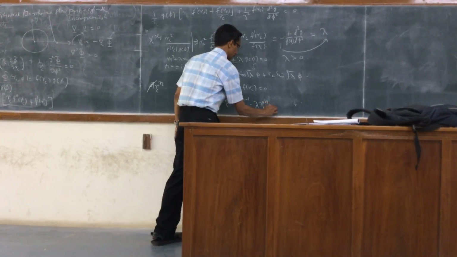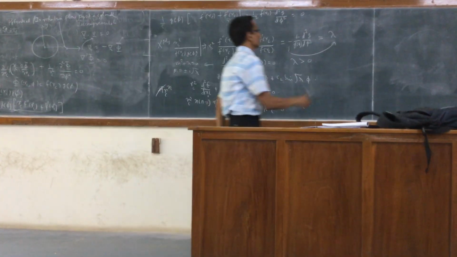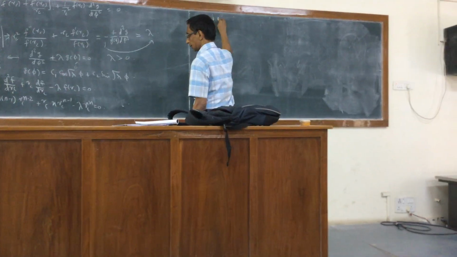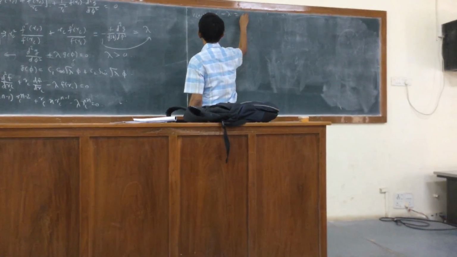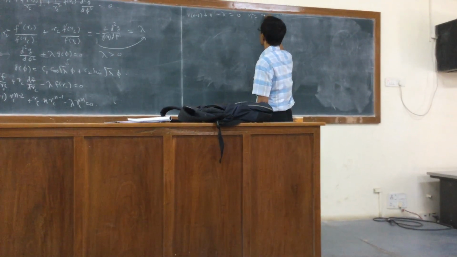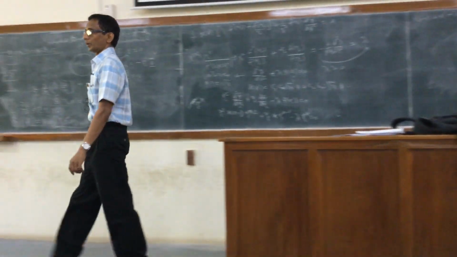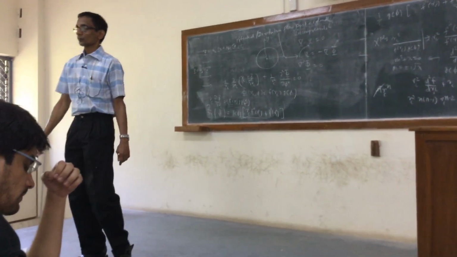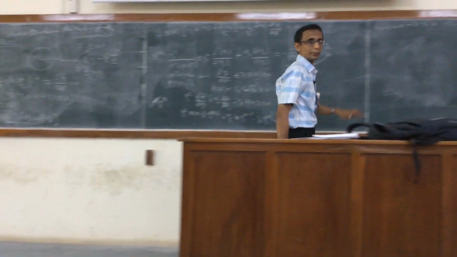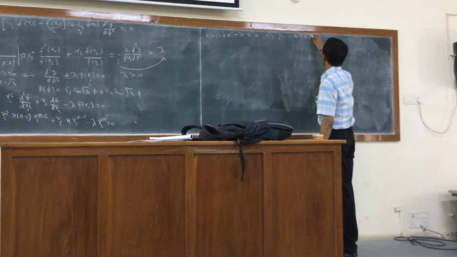So we get n into n minus 1 plus n minus lambda equal to 0, and so n squared is actually equal to lambda. Since I'm considering only the case where lambda is greater than 0, clearly n is equal to plus or minus root lambda.